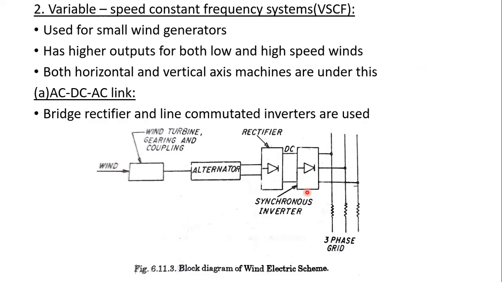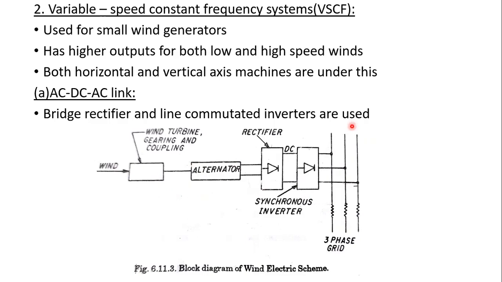The AC output of the three-phase alternator is rectified using a bridge rectifier and then converted back to AC using line commutated inverters.